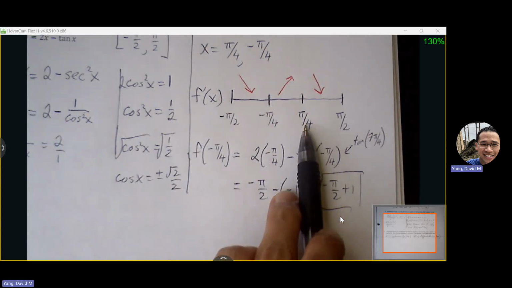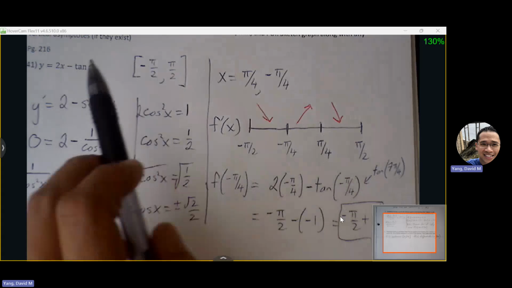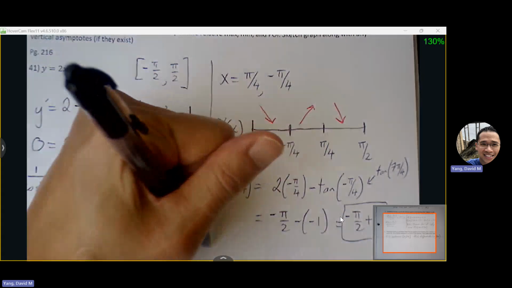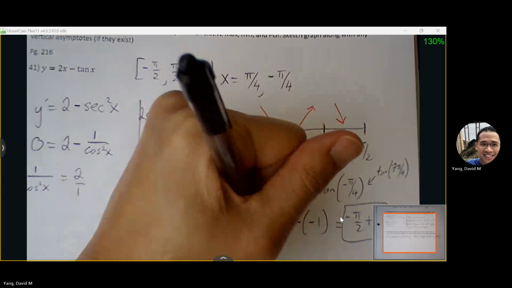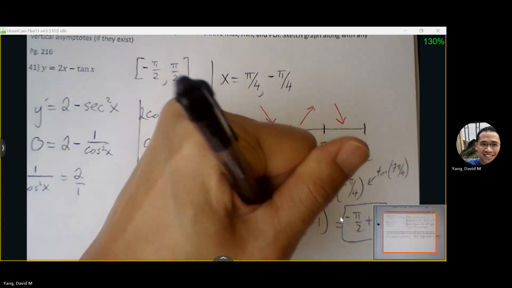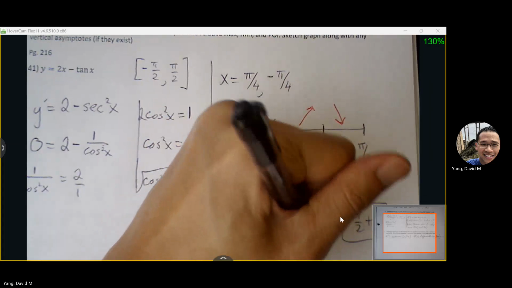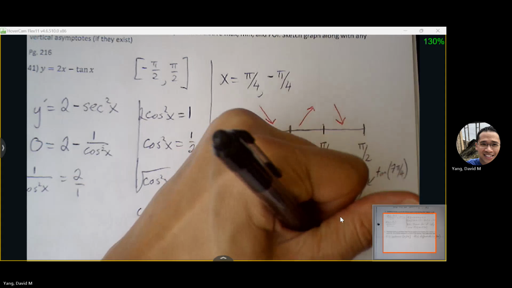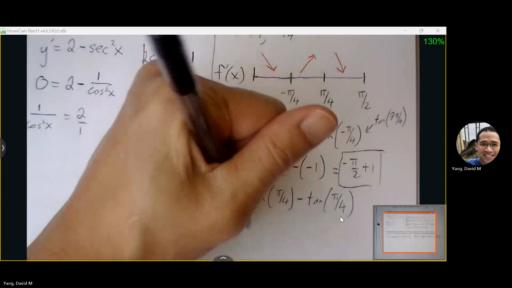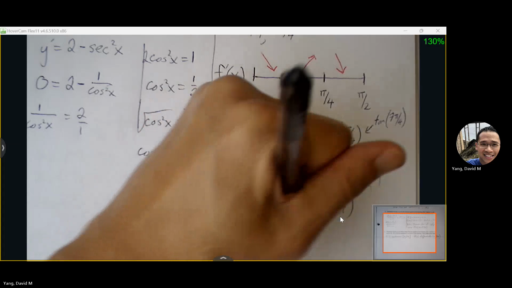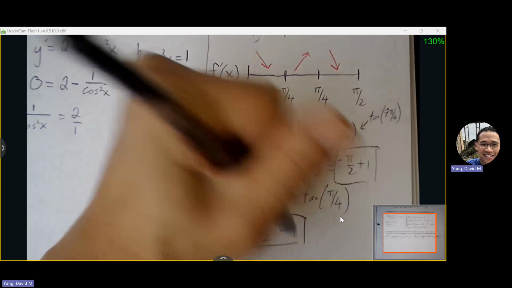We know there's a relative max at pi over 4. Let's find the ordered pair, putting pi over 4 back into the original function. Pi over 4 minus 1.